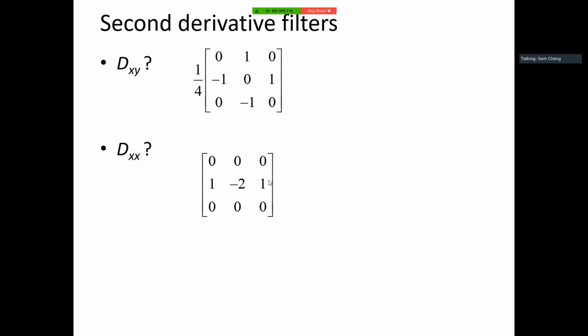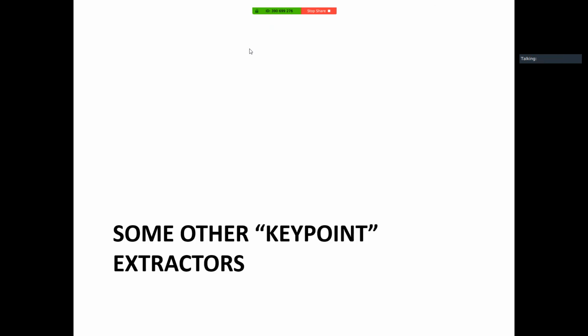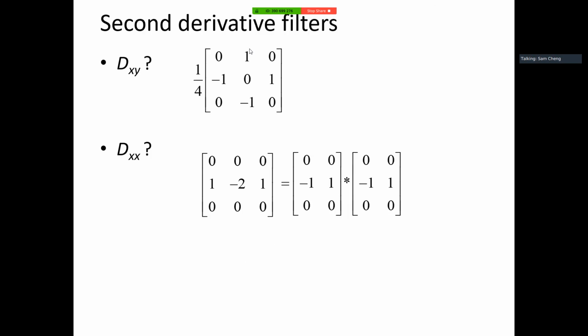And for this one I can have 1, 1 convolved with minus 1, minus 1, so vertical convolved with the horizontal, then I get this filter here. So that's basically SIFT actually. Any questions?